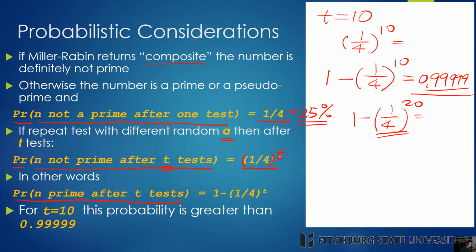Even if it's not a prime number, then that composite number is very close to a prime number. It's almost the same as a prime number. You can use it as a prime number. That's the beauty of the Miller-Rabin test.